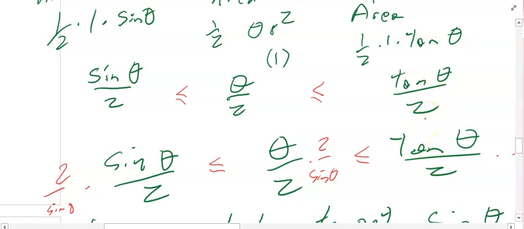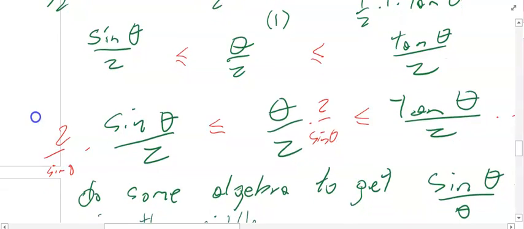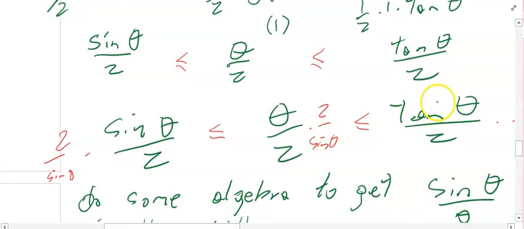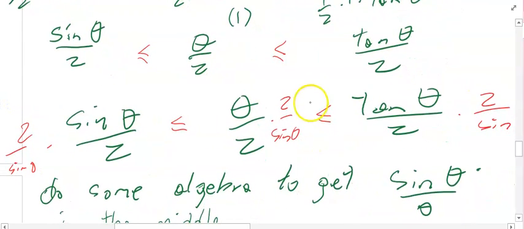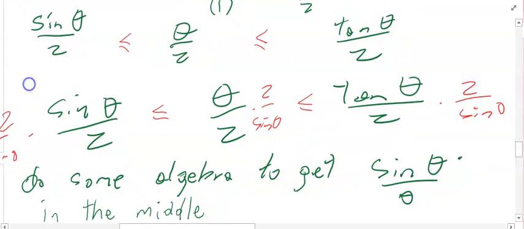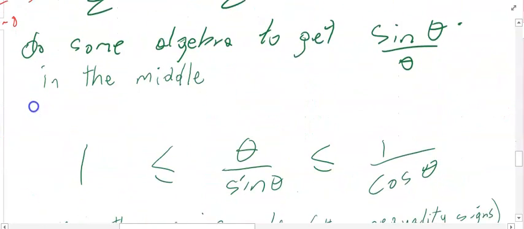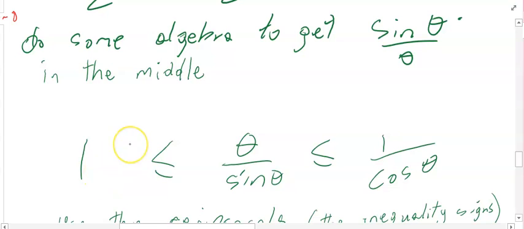We want to do some algebra, because we want to get sine of theta over theta in the middle. So the first step, we multiply all the sides by 2 over sine theta, and that will give us 1 less than or equal to theta over sine theta less than or equal to 1 over cos theta.